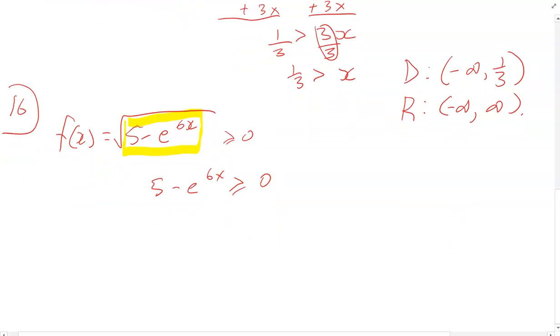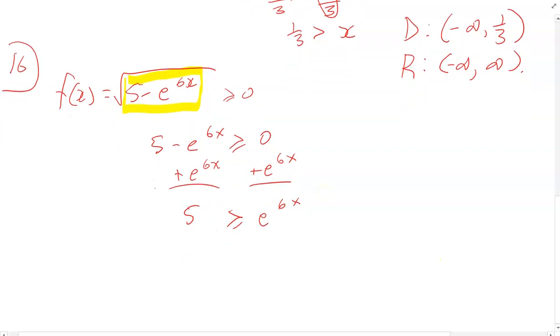So let's do some algebra here. If we add e to the 6x to both sides, we will have 5 greater than or equal to e to the 6x. Then we want to solve for x. If we're solving for x, we want to take ln of both sides.